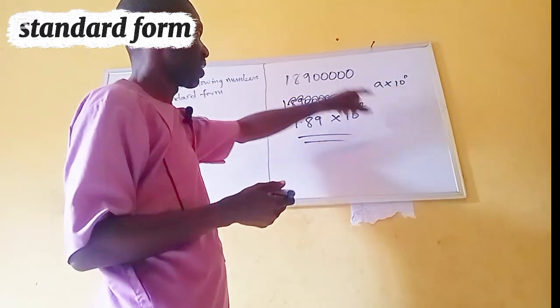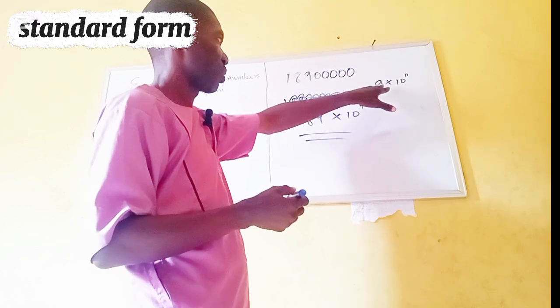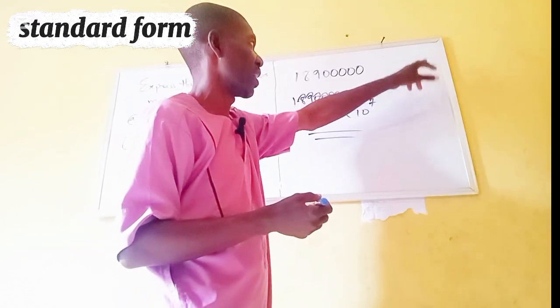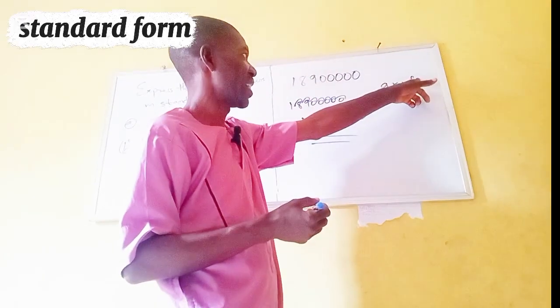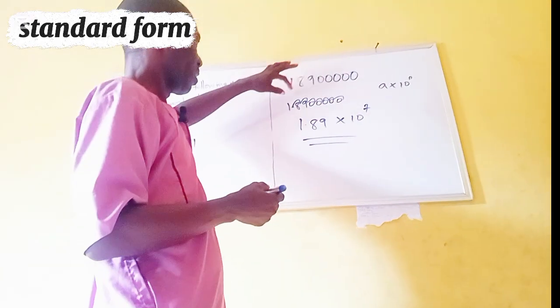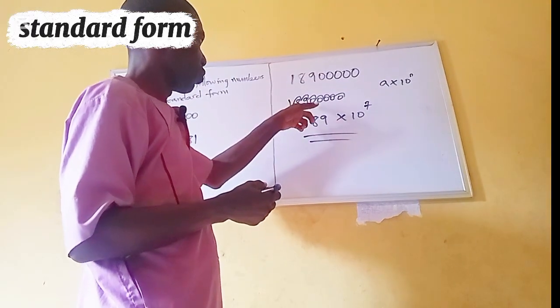I told you that scientific notation or standard form is expressed in this form: a times 10 raised to the power n, and I explained what n is. n is the number of places the decimal point has moved.